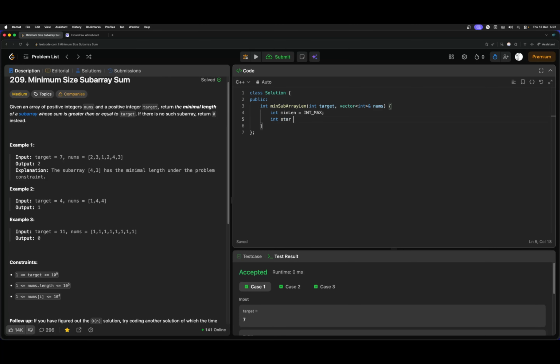So I will just start coding this thing, and n is equal to this, and okay, we can have this over here itself. The start is equal to 0, and the end is less than nums.size.